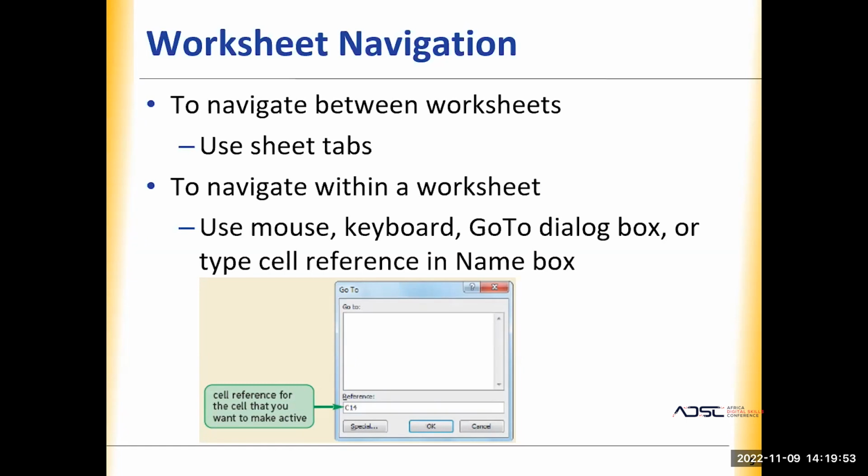In Excel, you can navigate between worksheets by using the sheet tabs, or you can navigate within the worksheet by using your mouse, moving from one cell to another. So use your mouse, move from the keyboard, or go to the dialog box and type in the reference.